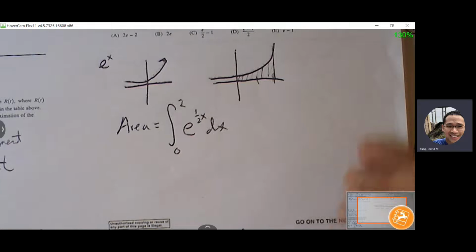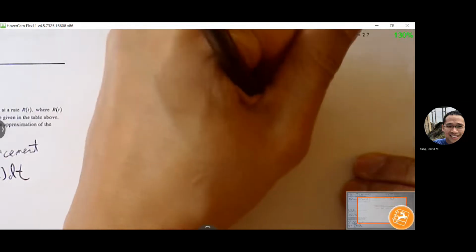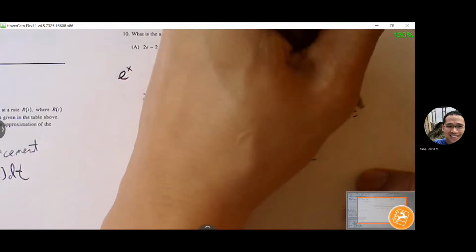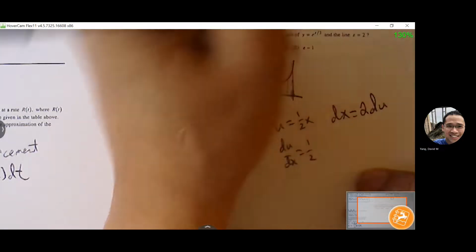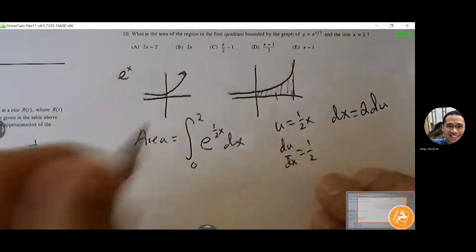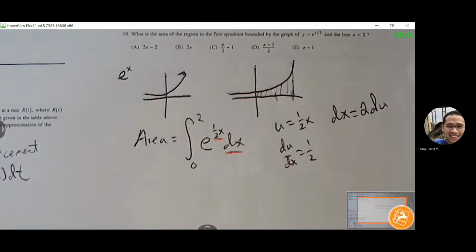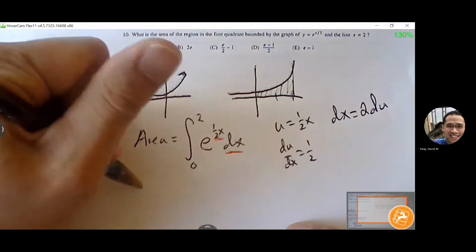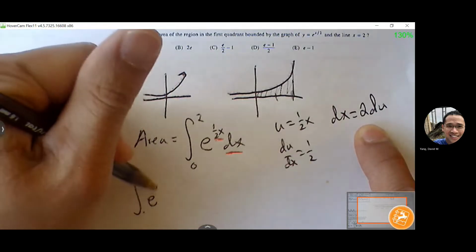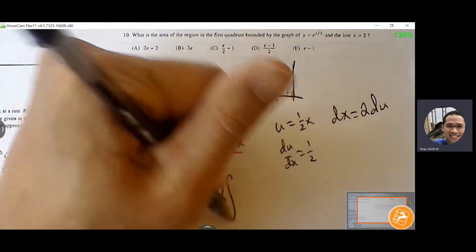Okay, we have to go through a little bit of u substitution to get that 1/2 x taken care of. Take my substitutions. Pull the 2 out in front.